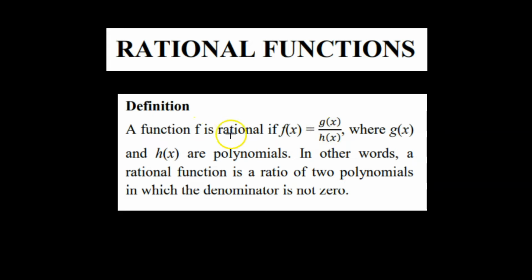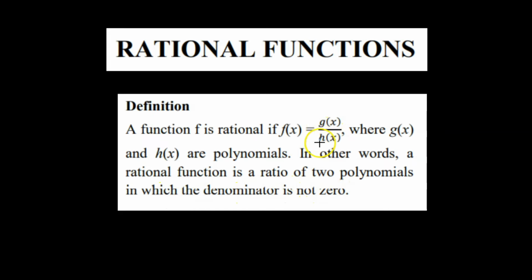So a function f is rational if f of x is equal to g of x over h of x, where g of x and h of x are polynomial functions. In other words, a rational function is a ratio of two polynomial functions in which the denominator is not equal to 0.